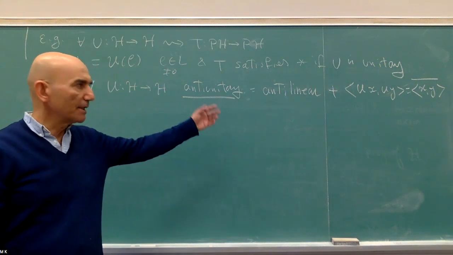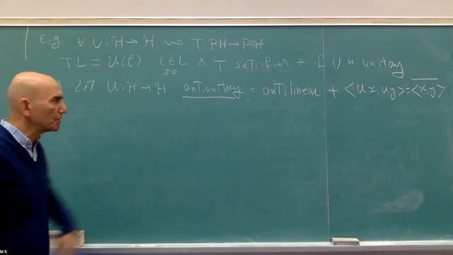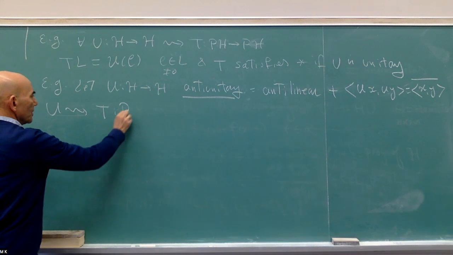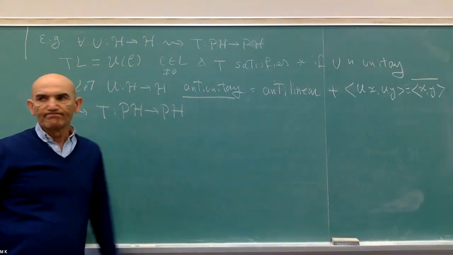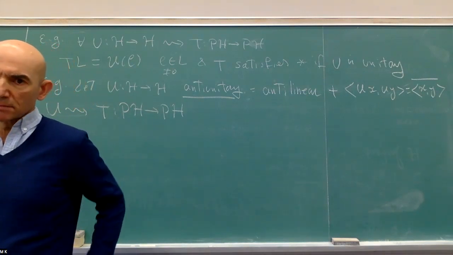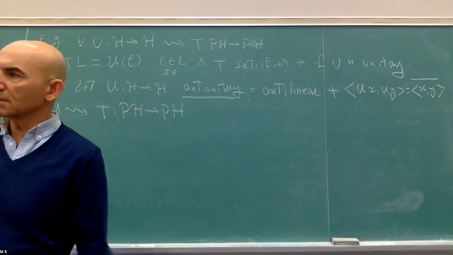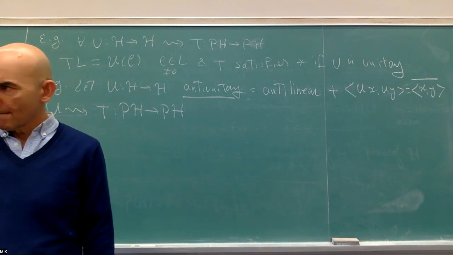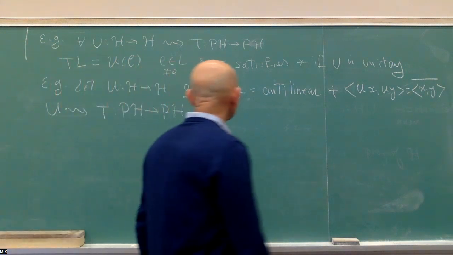So obviously, anti-unitary also induces a map T on PH. You can check that. Does it preserve the overlap function though?